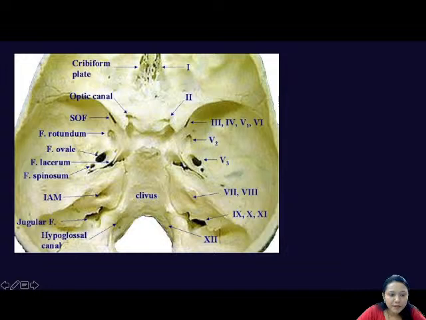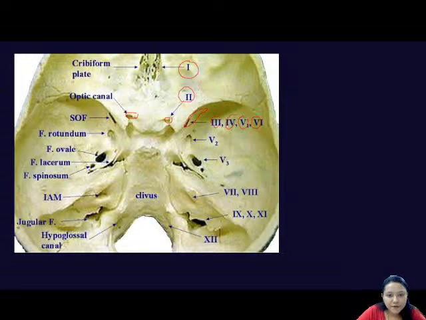So till now, what are the structures we have studied? The first cranial nerve passes through the cribriform foramina in the cribriform plate of the ethmoid. The second cranial nerve passes through the optic canal. The third, fourth, V1, the ophthalmic division, and sixth pass through the superior orbital fissure.